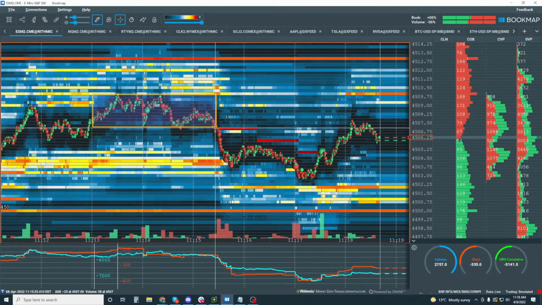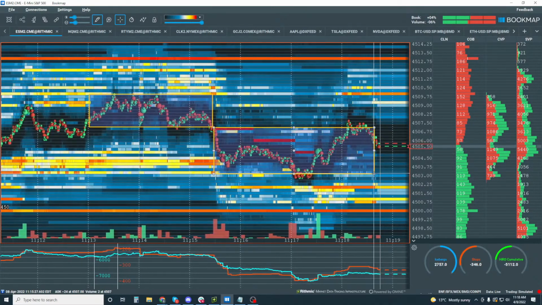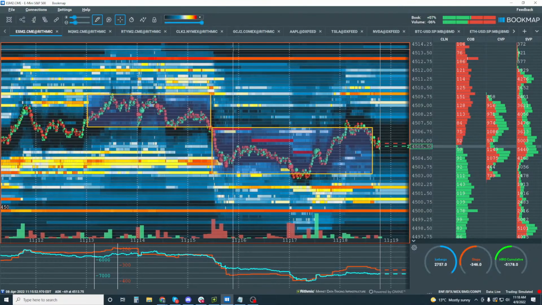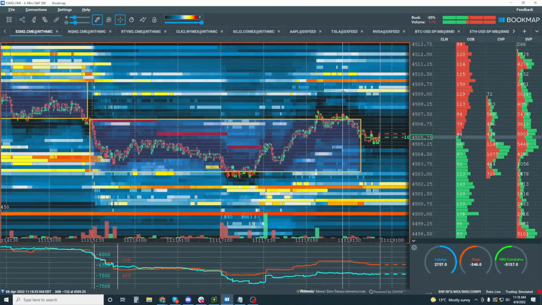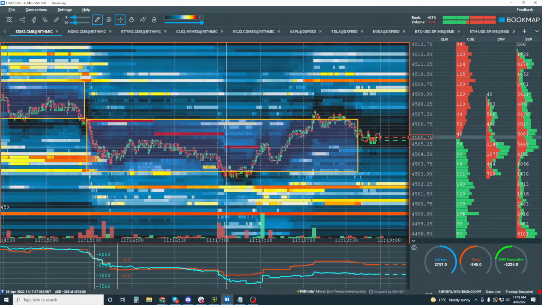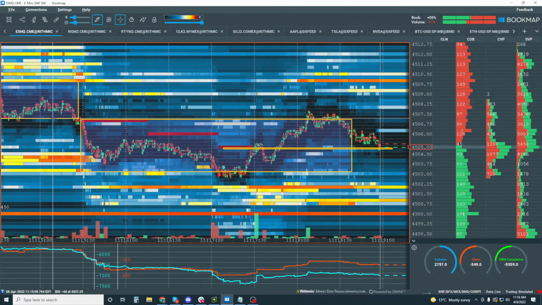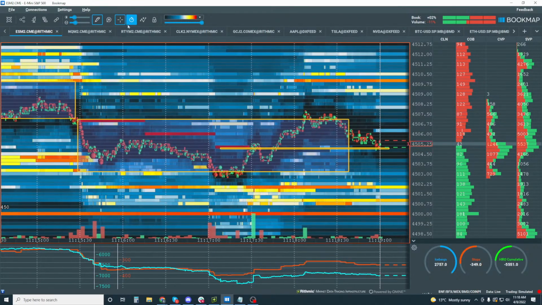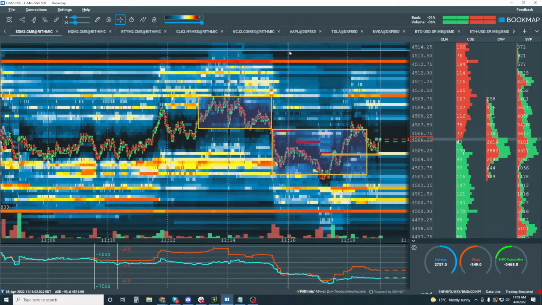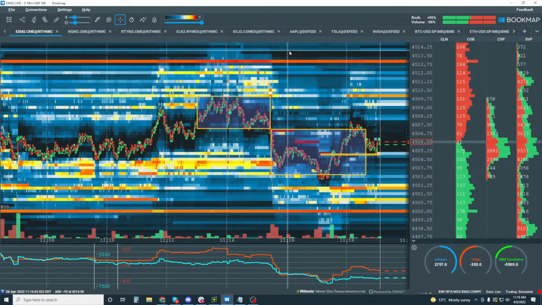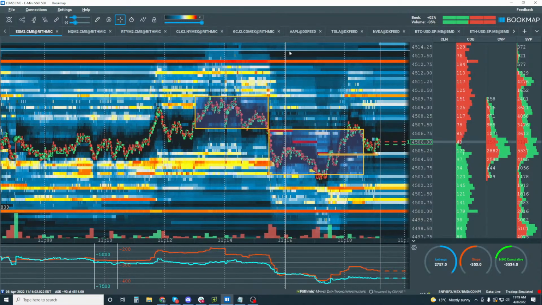Here's the move away from it, and maybe now it's going to have a new range here to trade in. Here's the pullback to it, and here's a pullback to this transaction where we found buyers. So I find the term initial balance kind of a derivative of what order flow is about.